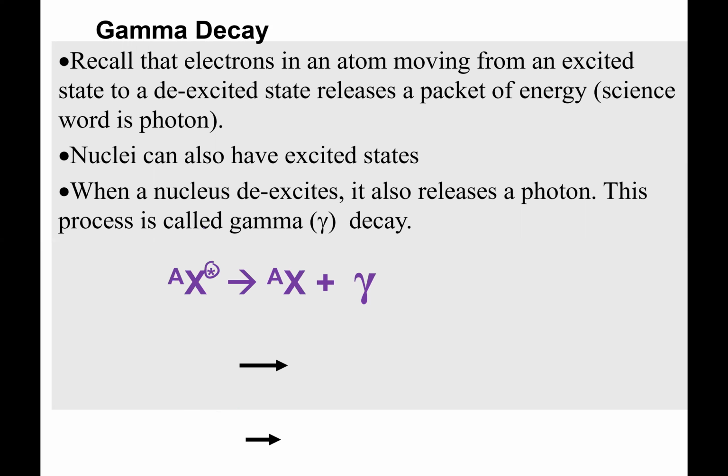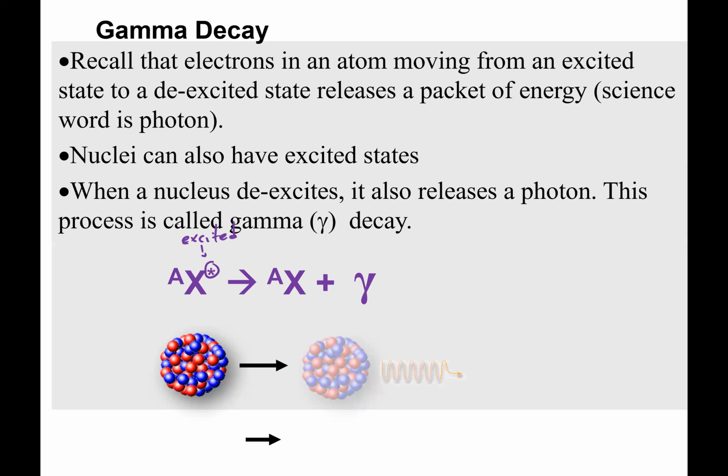By the way, this star here means excited. So that is a nucleus that's excited, and it decays, or de-excites, so to speak, and in de-exciting, it shoots out a gamma particle. Notice it's excited, it's blinking, and then it shoots out that gamma ray, and it's no longer excited.